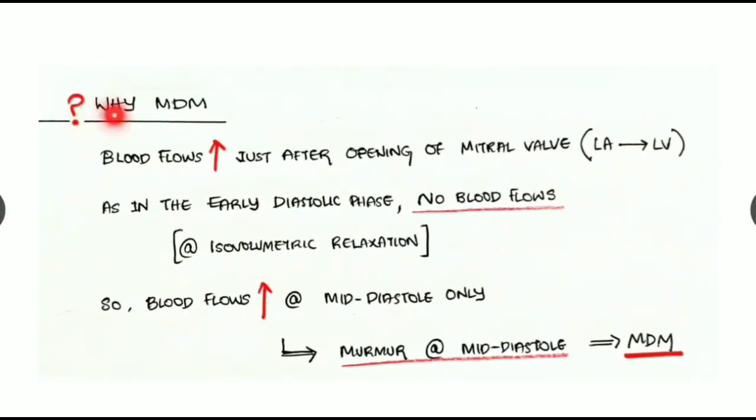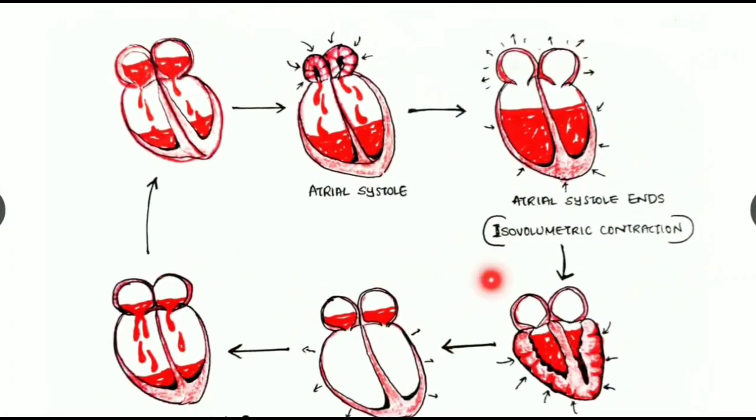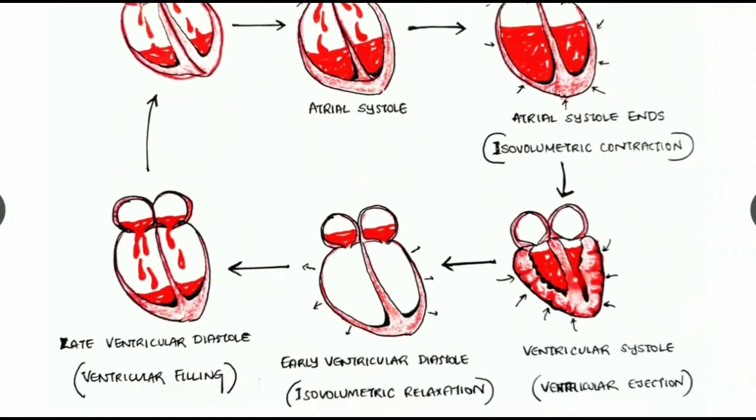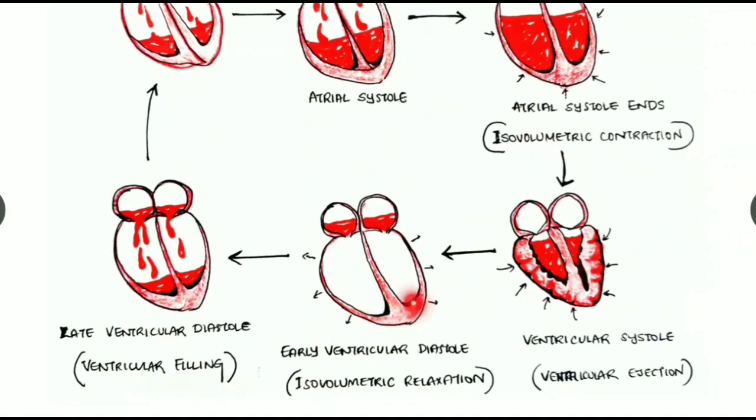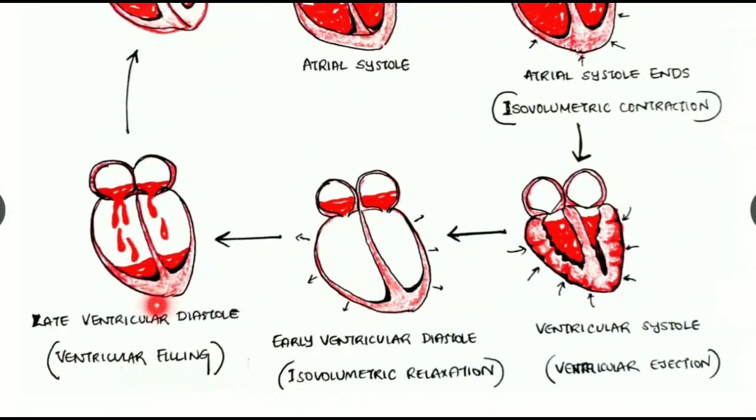We have to look why it is a mid-diastolic murmur. The blood flows just after the opening of the mitral valve, that is from the left atrium to the left ventricle. That is, in the early diastolic phase, there is no blood flowing, that is in the isovolumetric relaxation. Here in this cardiac cycle, just after the ventricular systole, there is ventricular diastole, and the ventricular diastole has got an early ventricular diastole stage and a late ventricular diastole phase.